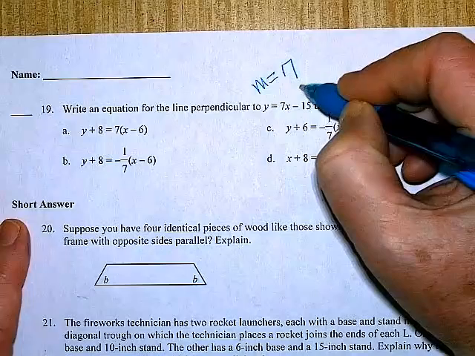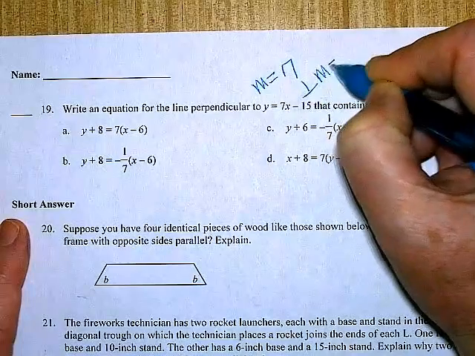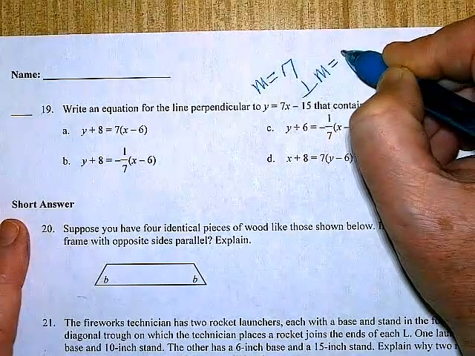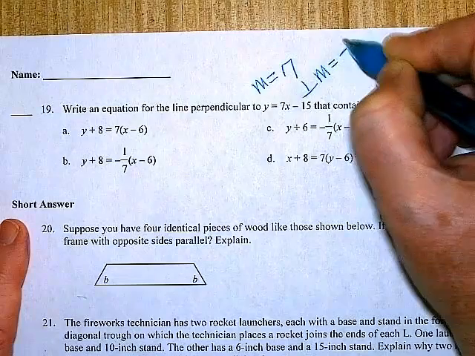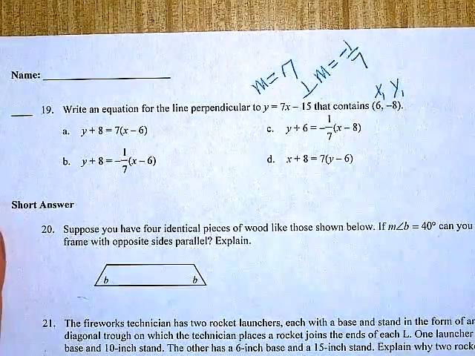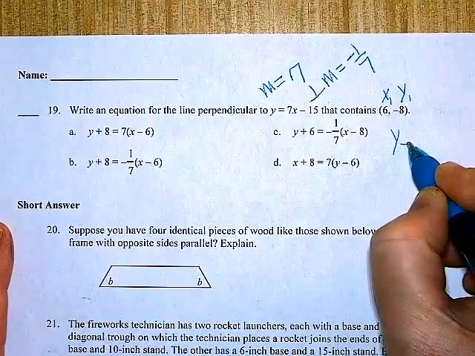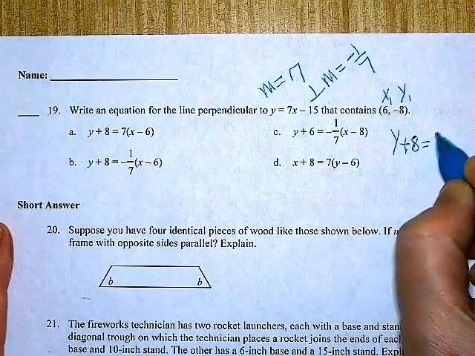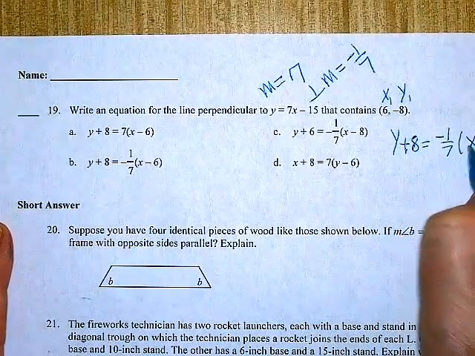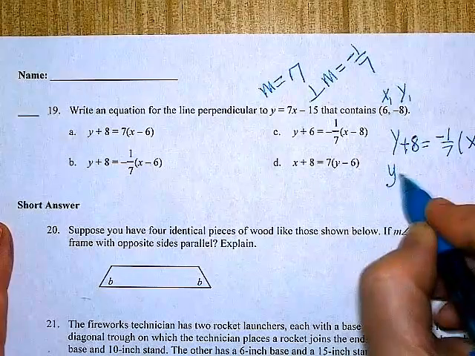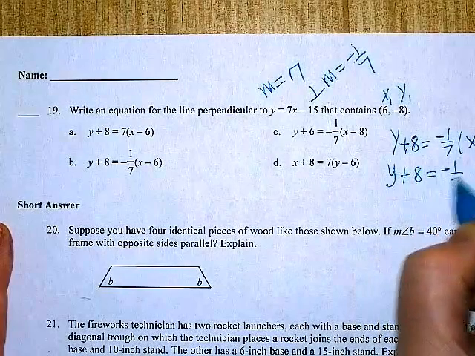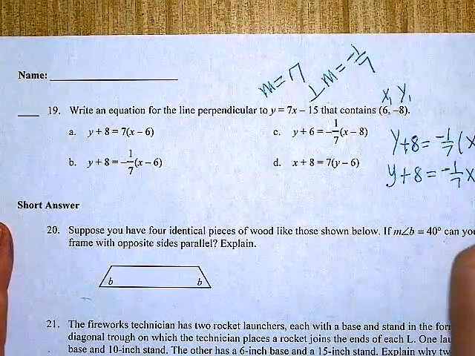So what is your perpendicular slope? -1/7. Perpendicular: y minus negative 8 equals negative 1/7 times x minus 6. y plus 8 equals negative 1/7 x plus 6/7.